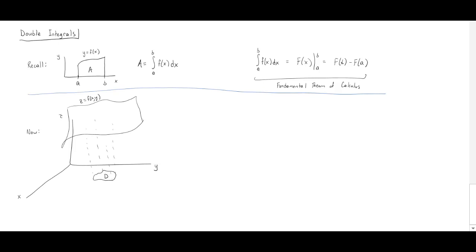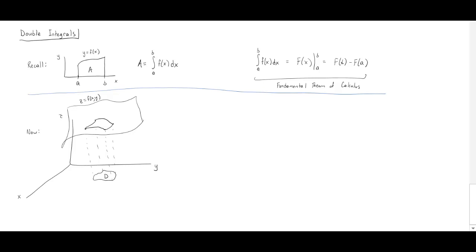So maybe it goes like that. Maybe it looks like this, and then something like that, all right? But you can see there is some volume here, and there's sort of a box, but with a funny bottom and top.